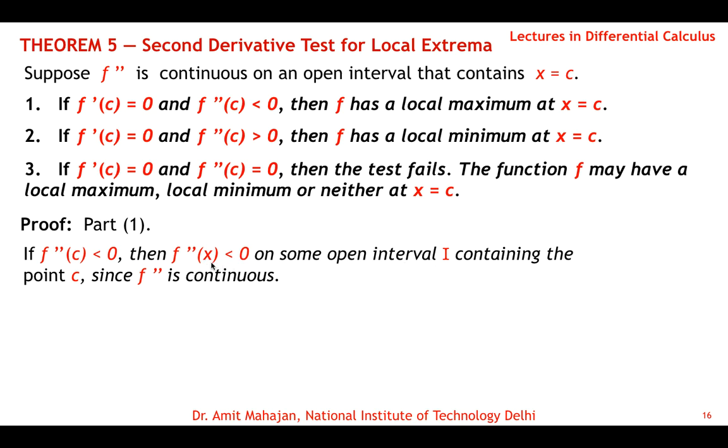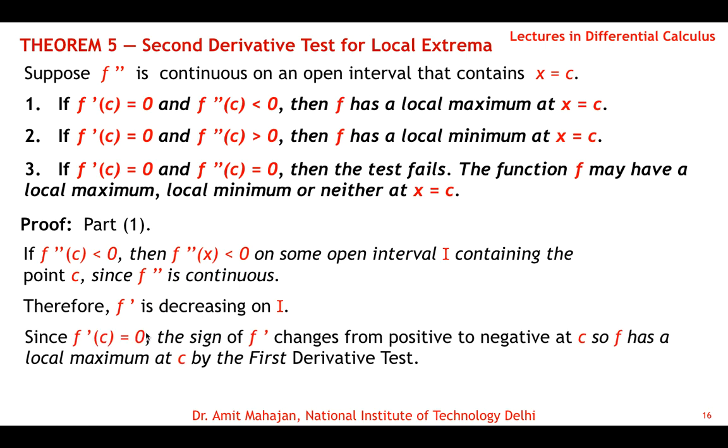And this immediately means that the first derivative should be decreasing on that interval. Because the derivative at c is 0 and c is a point in this interval, this is only possible if you had a positive slope which becomes 0 slope and then becomes negative slope. So there is a point of local maxima.